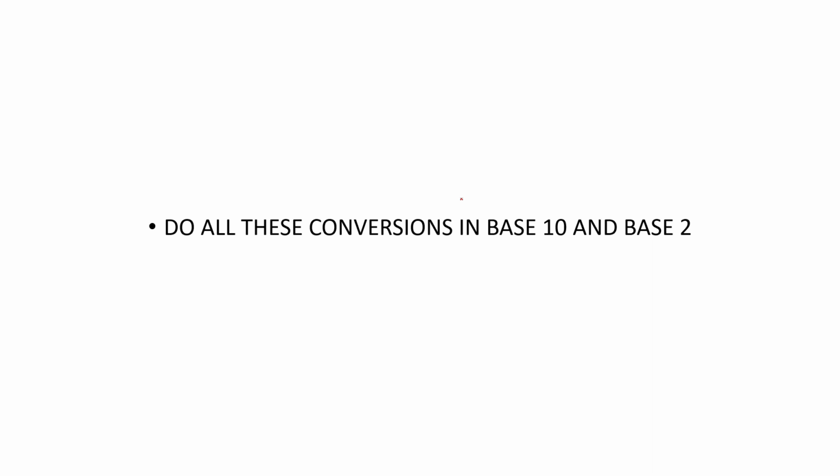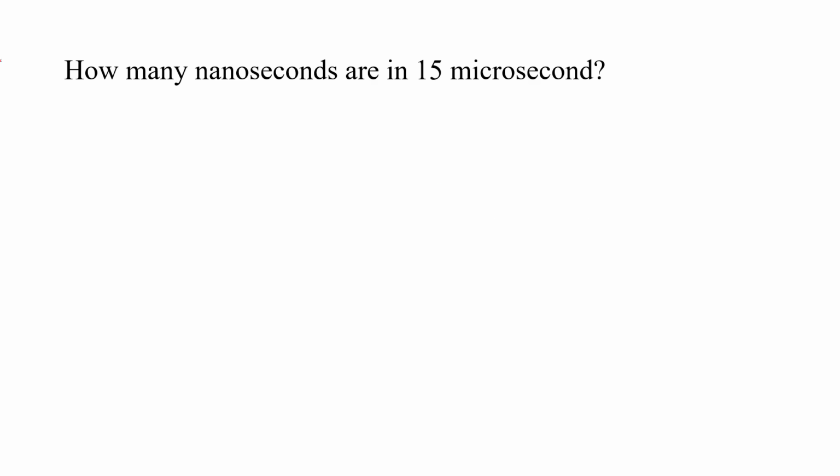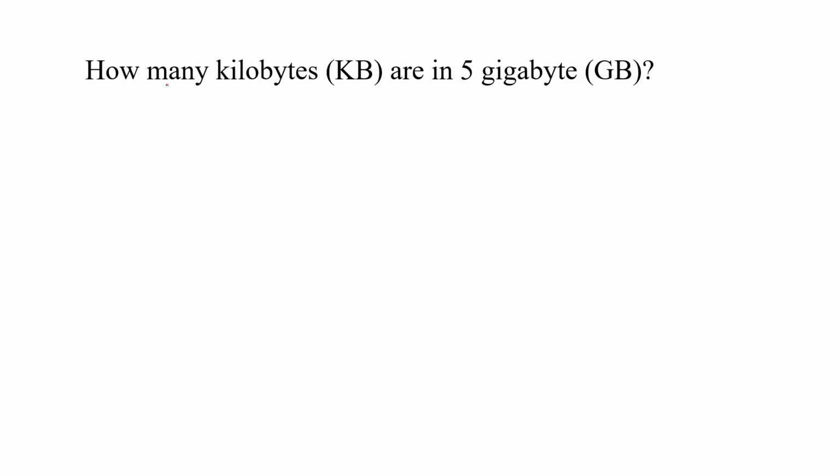If you remember that graph we had before, we had one column of powers of 10 and a second column showing the powers of 2. Oh, I'm so sorry, this one was not it. We're doing this for: how many kilobytes are in 5 gigabytes? So let's say power of 10 for this one.